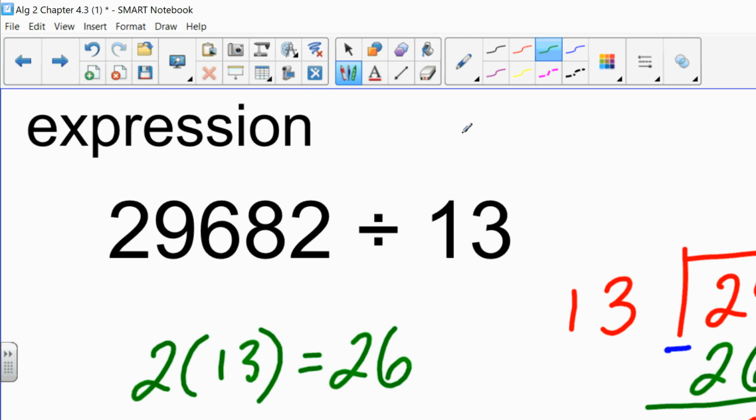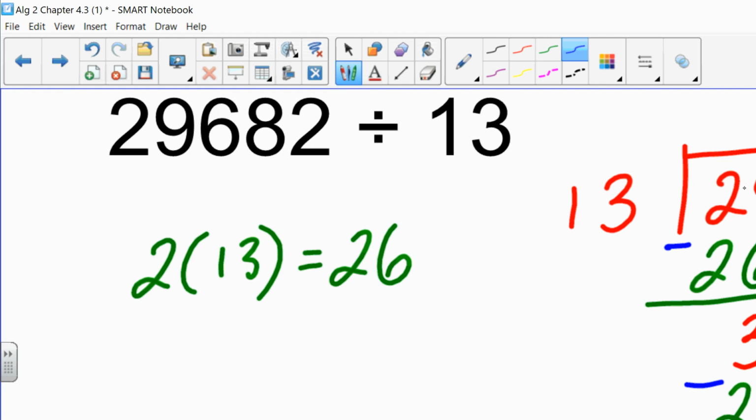Because 2 times 13 is 26, and if it was 3 times, 13 is 39, so that's a little too big. Now we can subtract. 36 minus 26 is? And then we repeat the process again and bring down the 8.